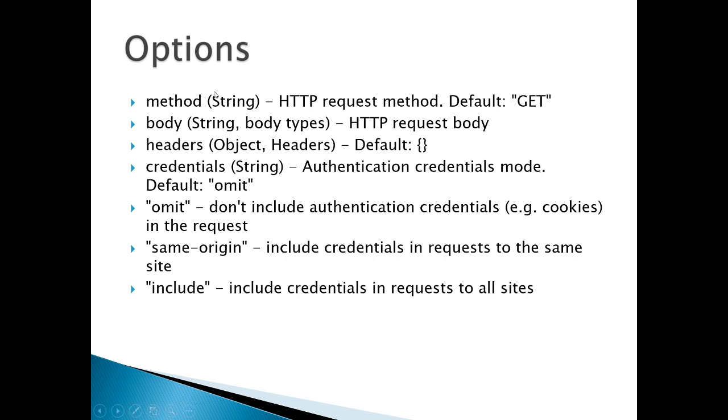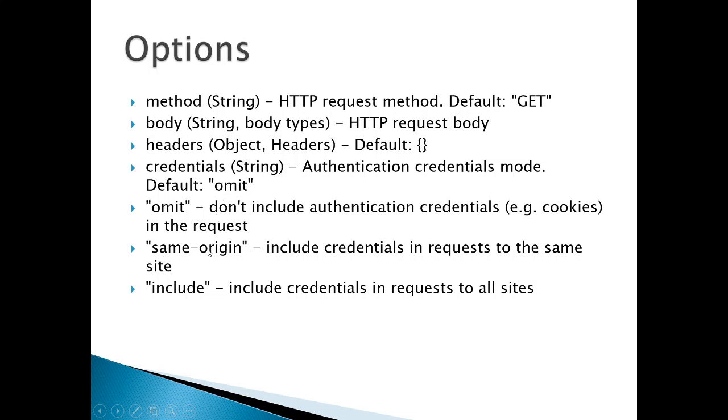So we have seen the method. The body contains the information that needs to be sent to the server. Headers, here you can set your JWT token or whatever you want to apply with this. Then the credentials, the authentication method, and the default is omit. By default, it is not for any type of credentials or authentication.